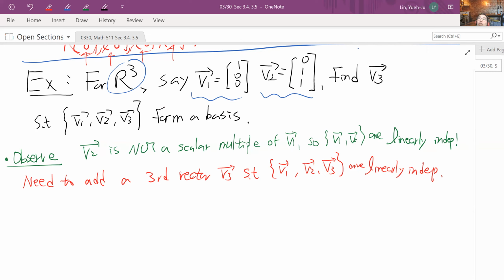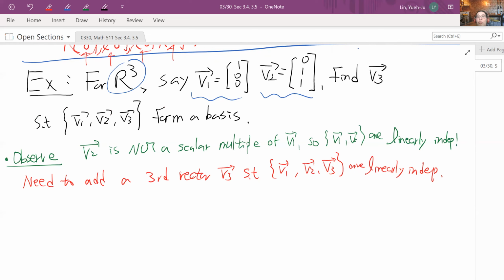So the only thing we need to make sure of is that we have 3 linearly independent vectors. Then by one of the theorems that we just saw, if we have 3 linearly independent vectors in a 3-dimensional vector space, then those 3 vectors will automatically span the whole vector space. Then we definitely will have a basis.